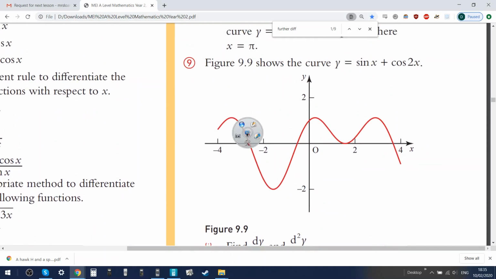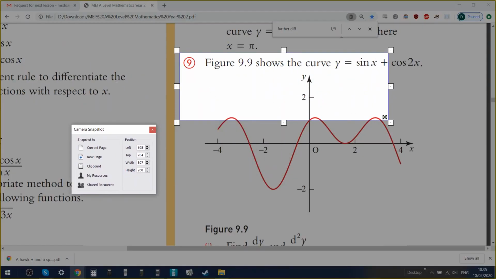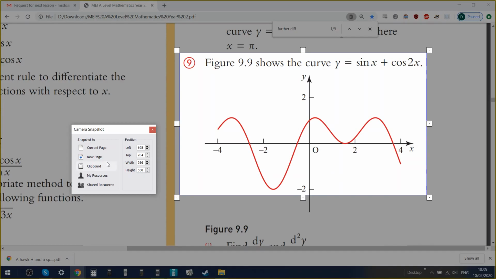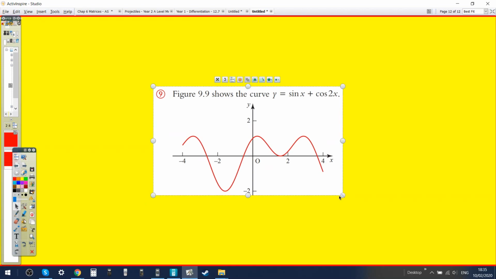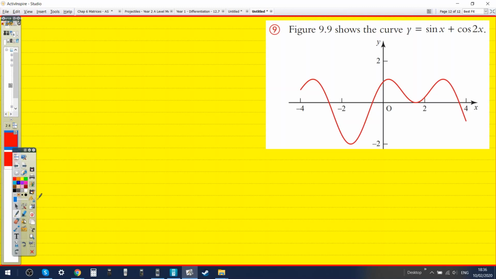Okay, how would you find the turning points for this one? The turning points are when the gradient of the line is 0. So you find the gradient by differentiating that. So y equals sine x plus cos 2x. With something like this, would you differentiate them independently?